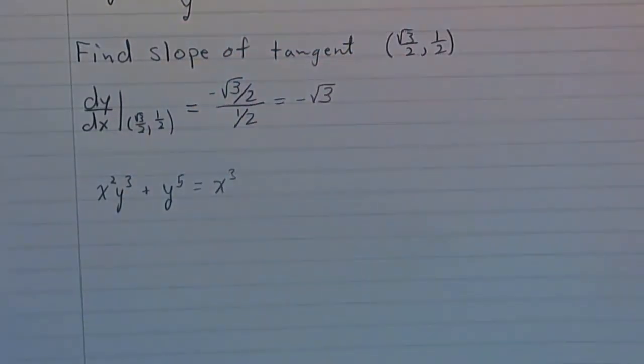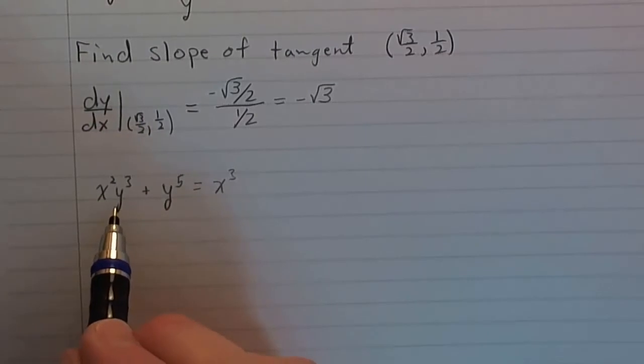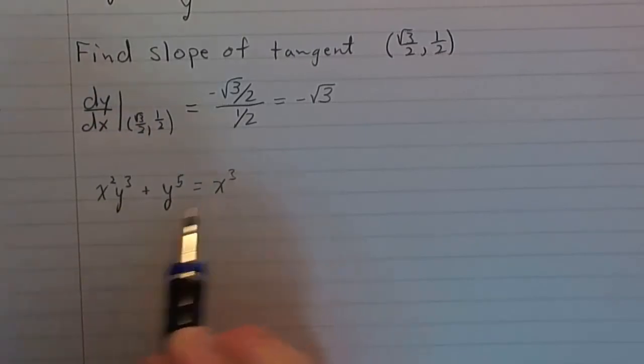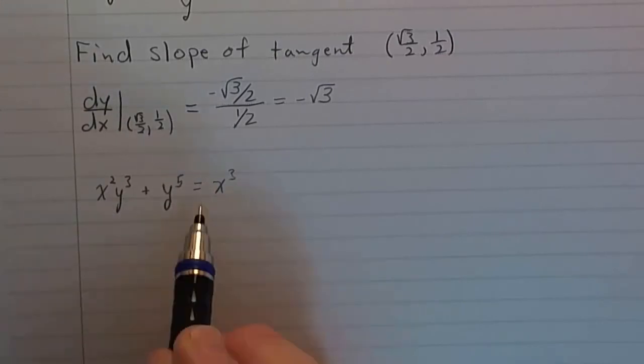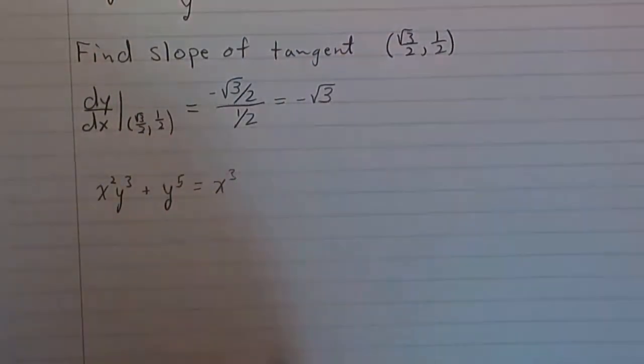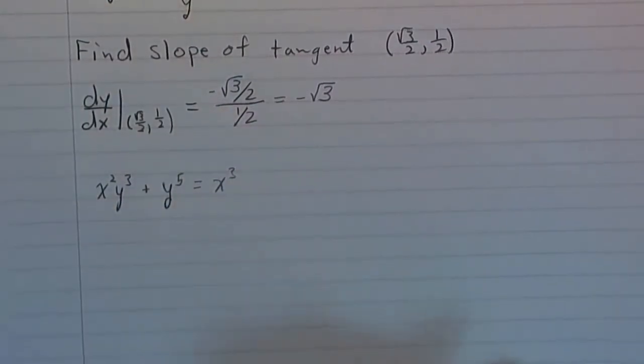Here we've got something that might be a little more challenging to solve for y and then differentiate. So we're just going to use implicit differentiation. What we want to do is find dy dx. We want to find y prime.